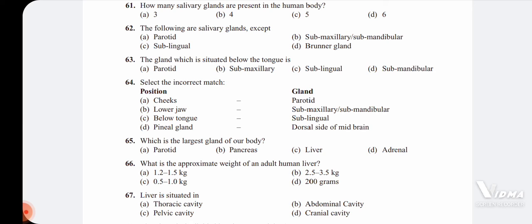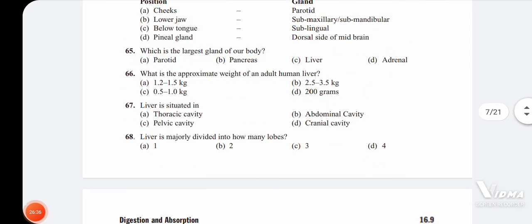The adult human liver weighs from 1.2 to 1.5 kg. So next question, liver is situated in. The liver is situated in the abdominal cavity.